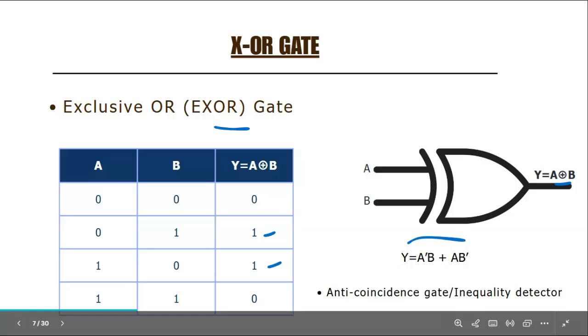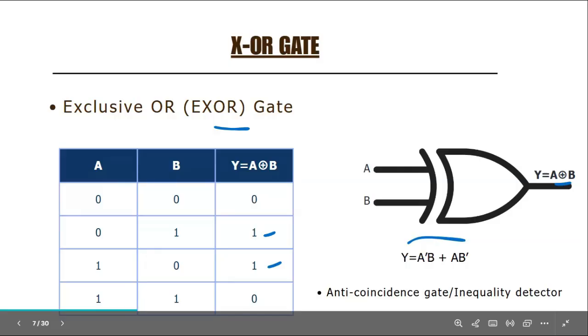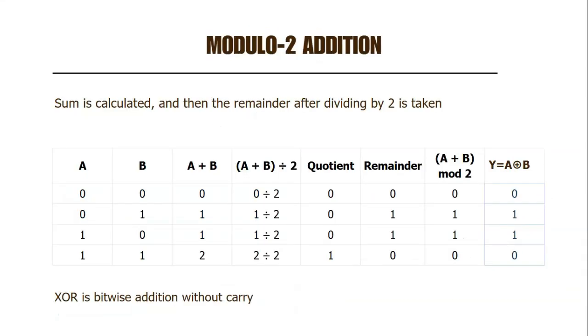The logical expression for XOR operation is given by Y is equal to A bar B plus AB bar, and this is equal to A XOR B. The XOR operation is equivalent to modulo 2 addition. That is, first, the sum is calculated and then the remainder obtained after division by 2 is recorded.